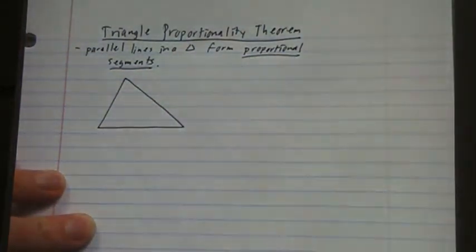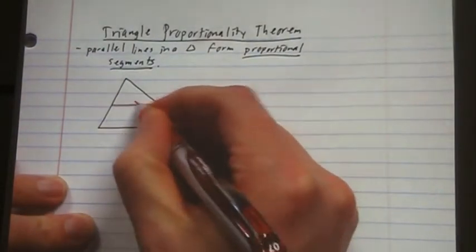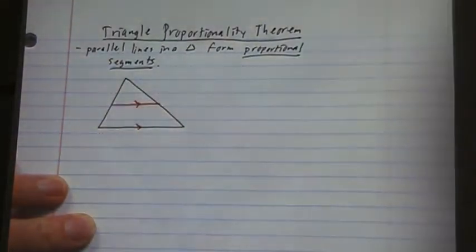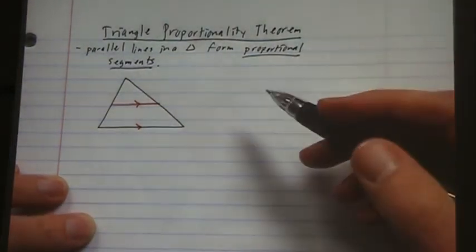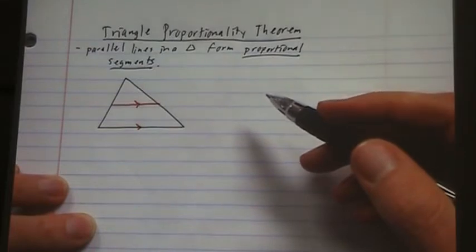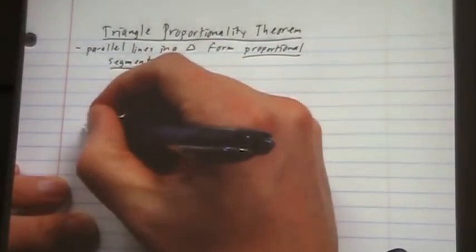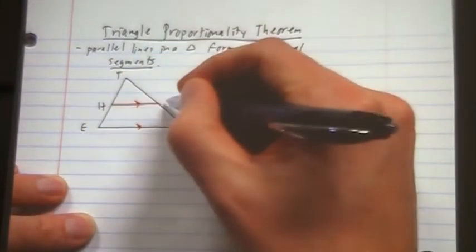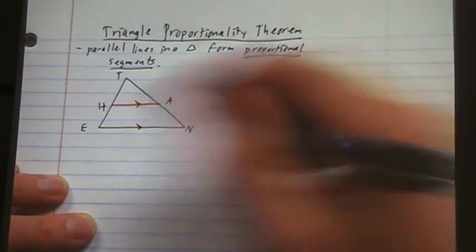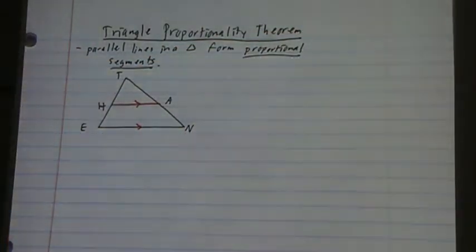So it might look like this. Those might be my parallel lines. And if I was to label these guys, I guess we'll just put letters. What you're doing is you're going to match up a proportion that makes sense.